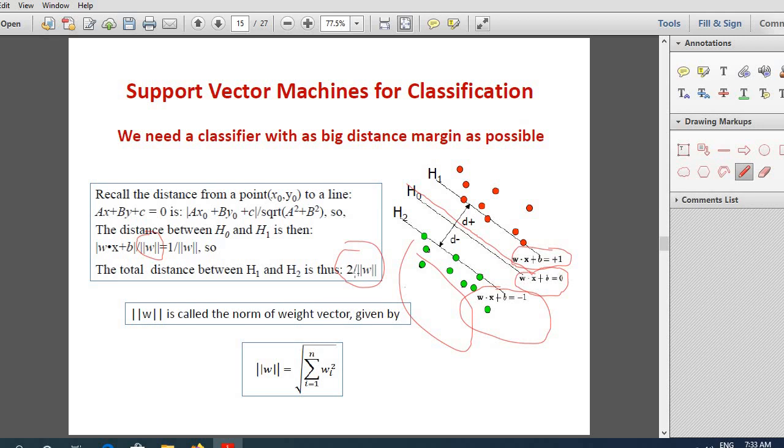And we have certain constraints: all the data points belonging to one class should have a function value equal to or greater than 1, and all the data points belonging to class 2 should have a function value of less than -1.